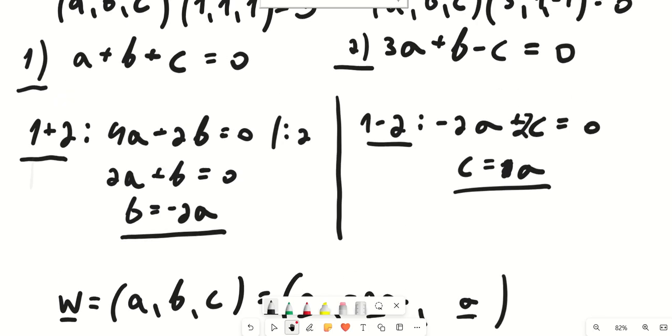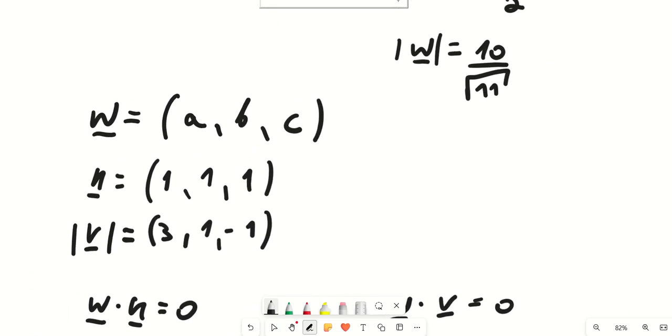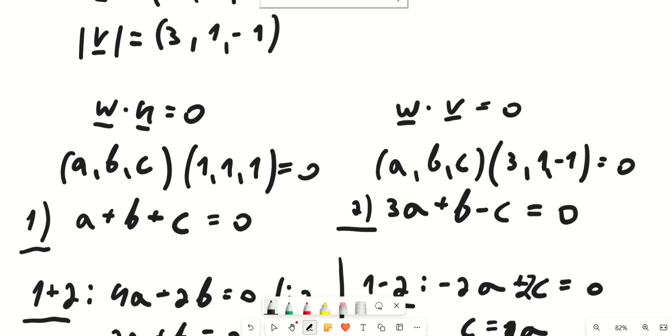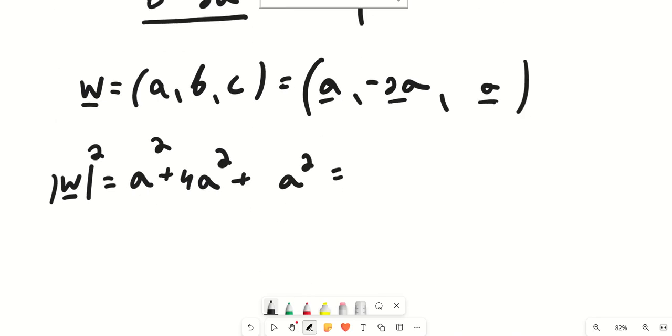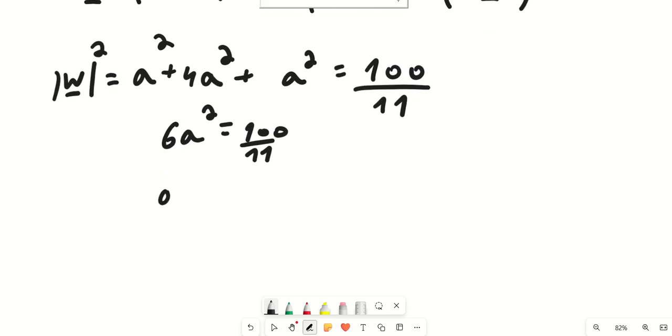And I also know, I showed it here, that the length is 10 over the square root of 11. So the length squared is 100 over 11. So from here I get that 6A squared is 100 over 11, and that A squared is 100 over 66.